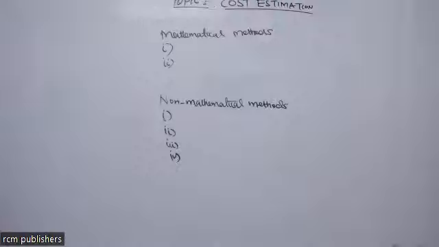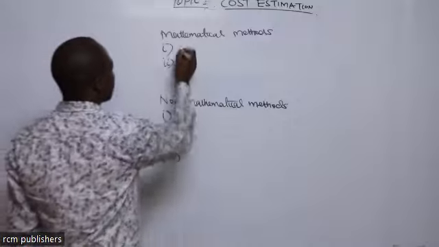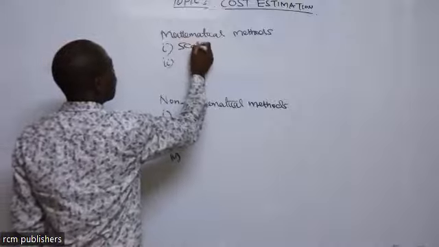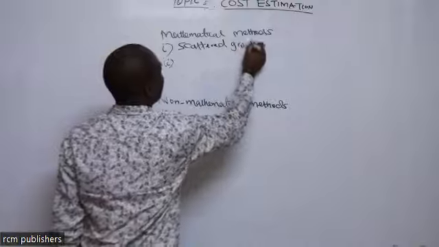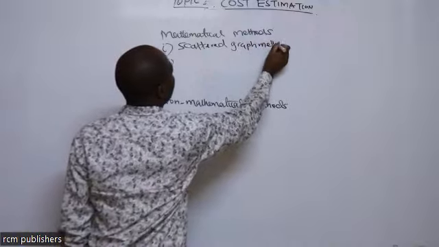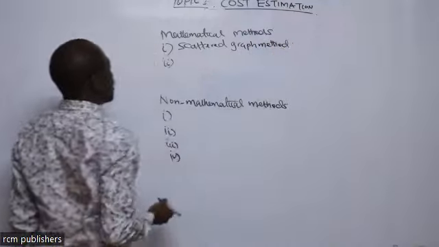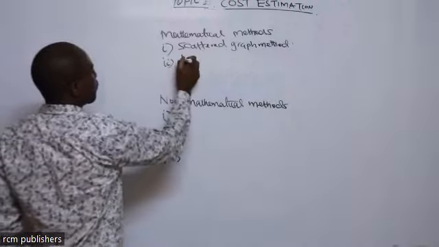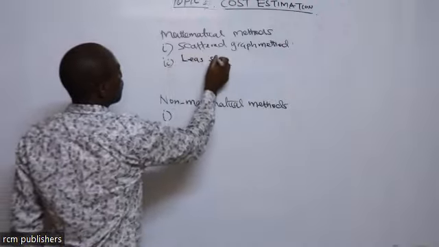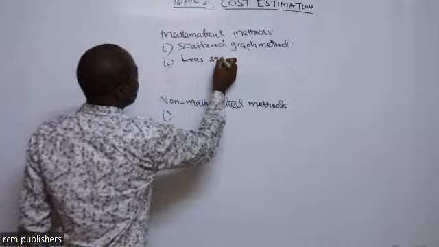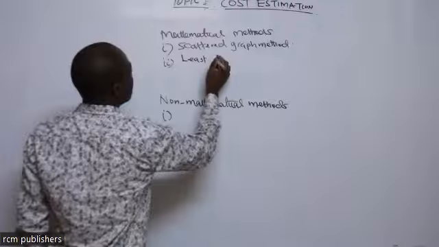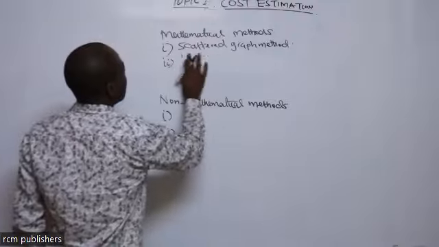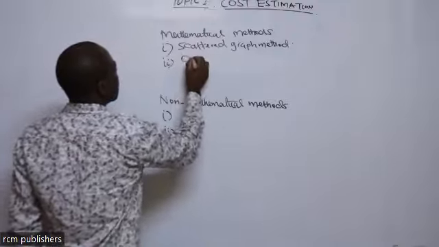So the mathematical method is the scatter graph method. Then number 2, we have the ordinary method.